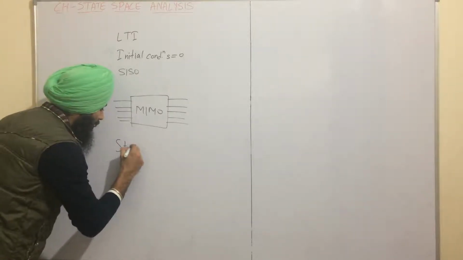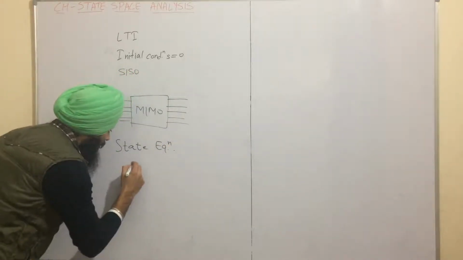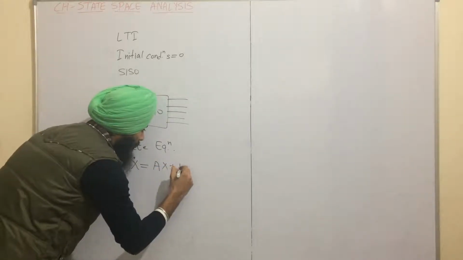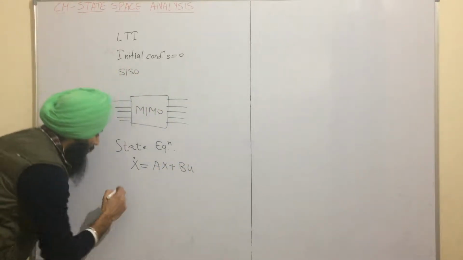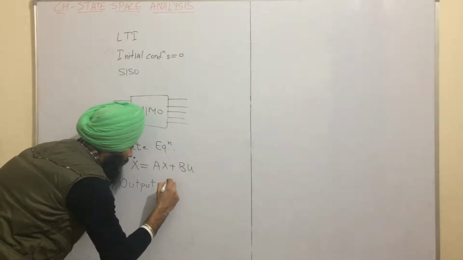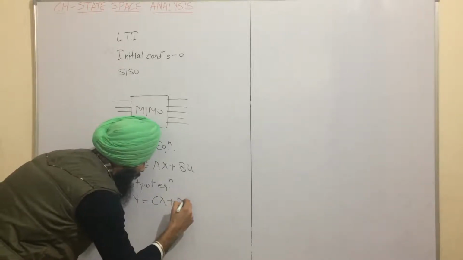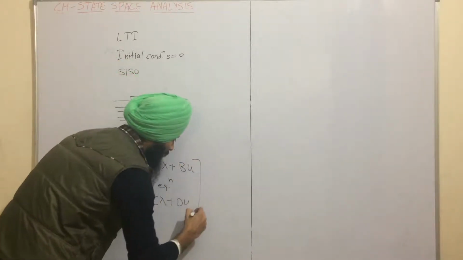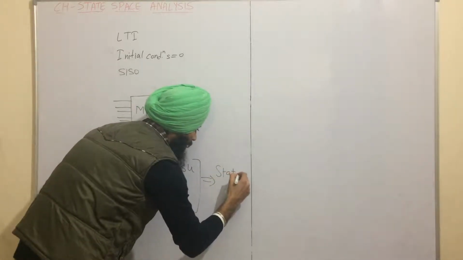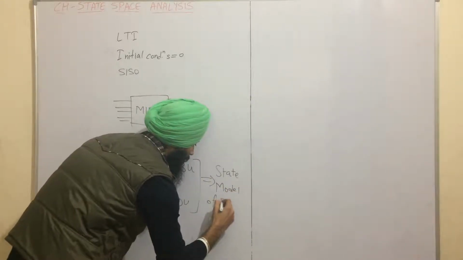The first equation is the state equation, which is x dot is equal to Ax plus Bu. The second is the output equation, which is y is equal to Cx plus Du. Combined, these two equations are known as the state model of the system.